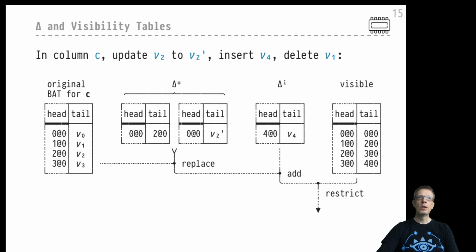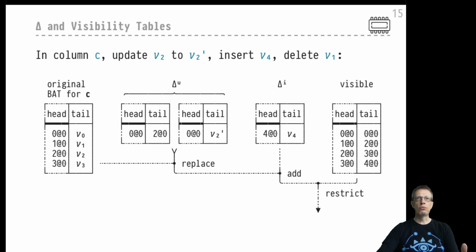So we would look at the original BAT for column C, for example. That would be the globally visible BAT for column C. Everybody can see this version of the BAT, and everybody would see the non-updated versions of the rows in this column.